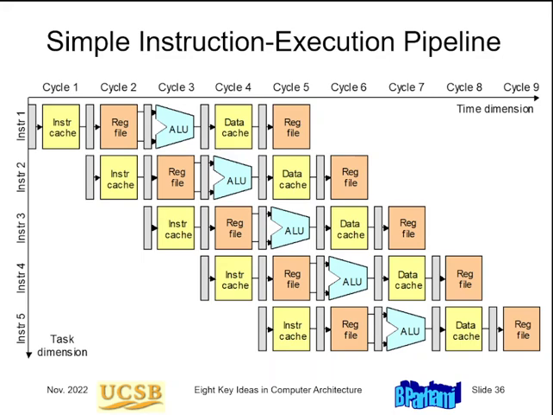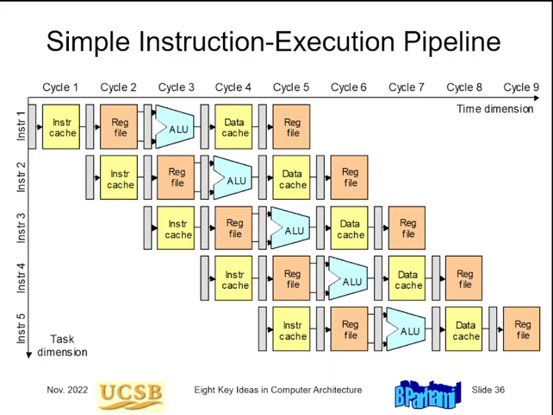So this is pipelining the way many of you may have seen in a textbook. This is an instruction execution pipeline where the instruction is fetched in one cycle, registers are accessed and the instruction is decoded in the next cycle. ALU operation is performed in the next cycle.